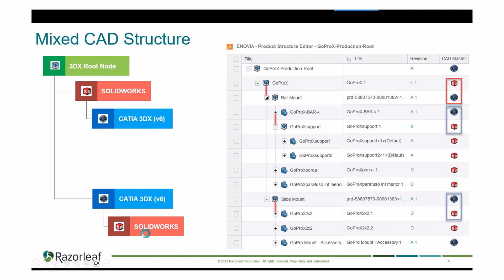Under this CATIA file, I have a SOLIDWORKS file. So you can mix and match how these go and then create structure based off of that. But the real key is to being able to have a new root node up here. Now, I might need another root node on a subassembly in some cases to be able to make sure this works as well. But it's manageable and it's very doable.